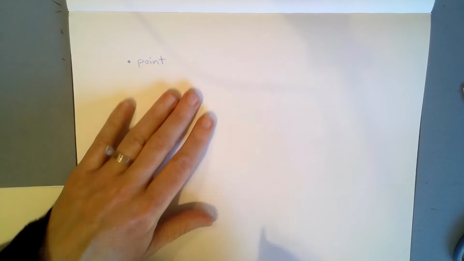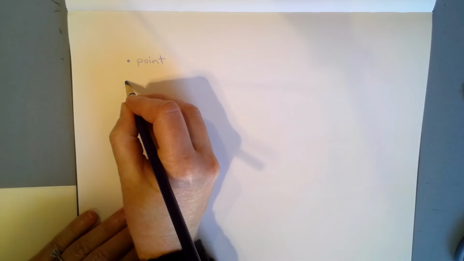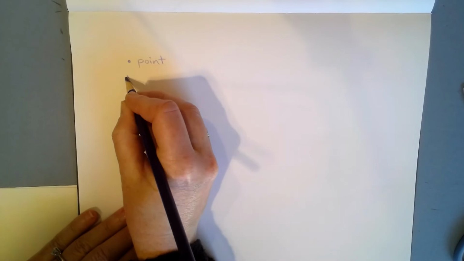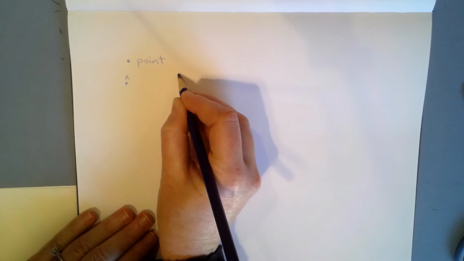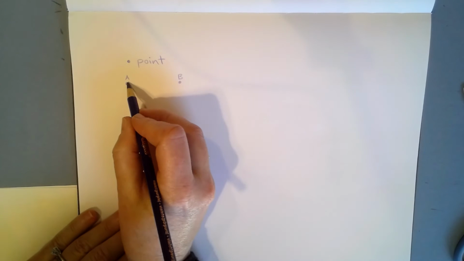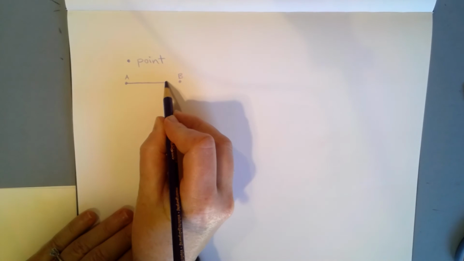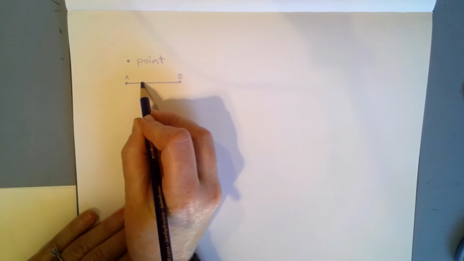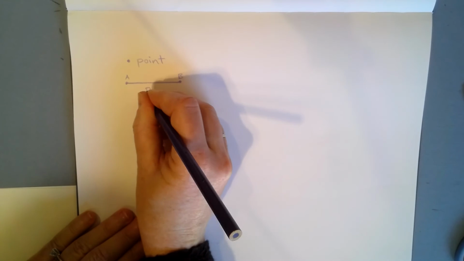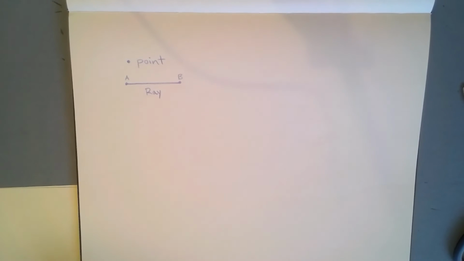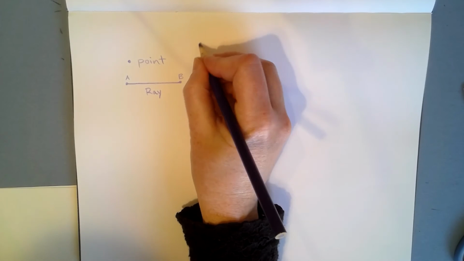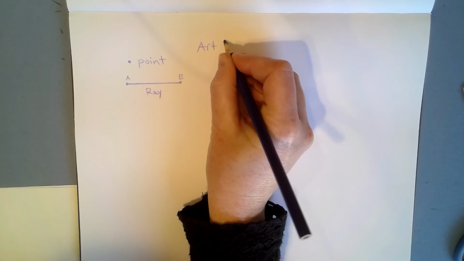The next one we need to do is if we have 2 points, let's say point A and point B, if we draw a line between them and connect them, now we have a ray, okay? Or just like in our art elements, the art element of line.